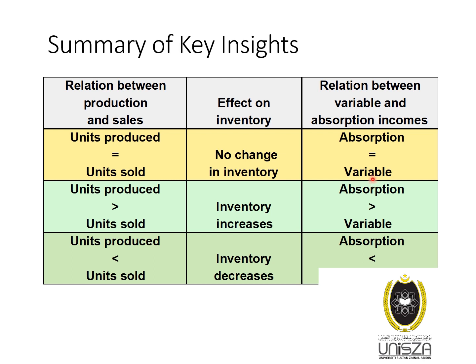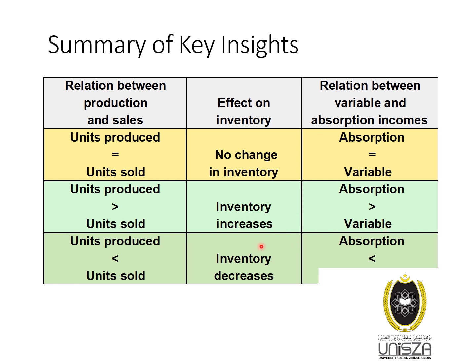There is no difference in the income. But it will be different when the units produced are greater than units sold, then there will be an increase in inventory. When there is an increase in inventory, absorption costing will report more income than variable costing.